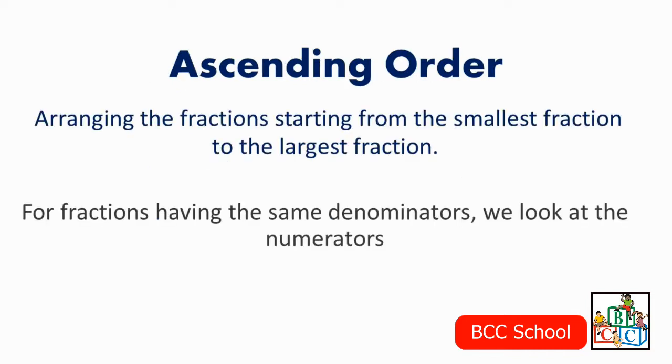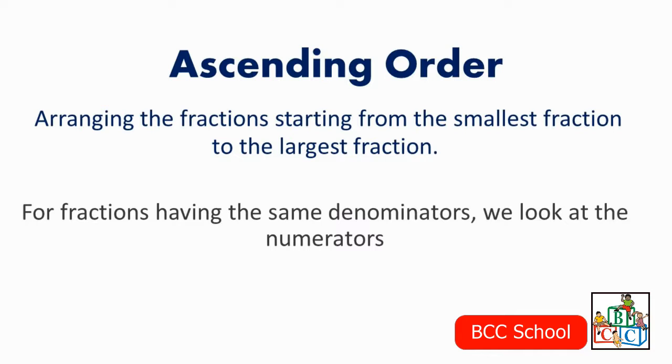Ascending order. What is ascending order? In ascending order, we always start from the smallest to the largest number. Here, we will start from the smallest fraction to the largest fraction.